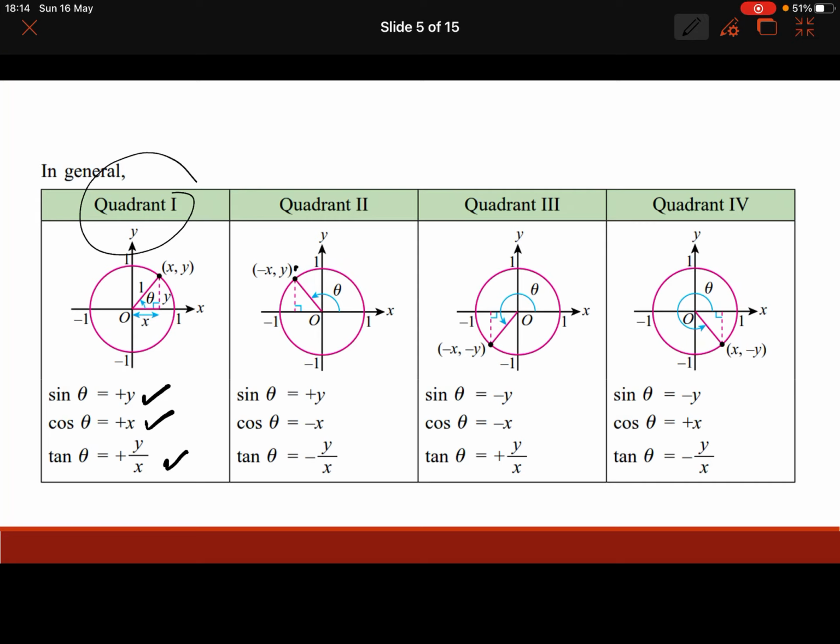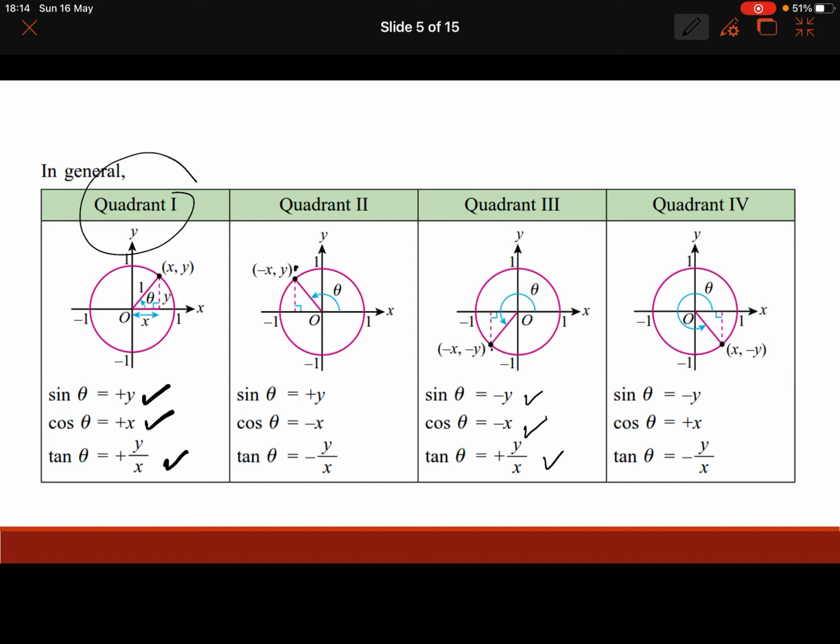Okay, in the third quadrant, here we have a point negative x, negative y, so that's why our sine is negative, our cos is negative, but our tan is positive because we divide negative y over negative x. So that's why we got positive y over x here.